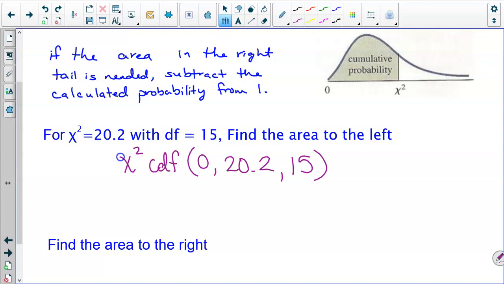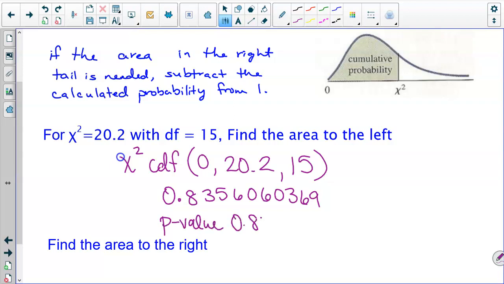It gives you 0.835606039. So is that the probability if we're looking for that area to the left, a left-tailed test? Yes. So my p-value would be 0.836. I rounded.